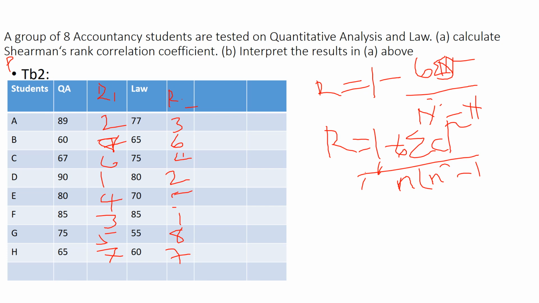So now the first column that we need to get is d, which is the difference, and to get d, rank 1 is subtracted from rank 2.